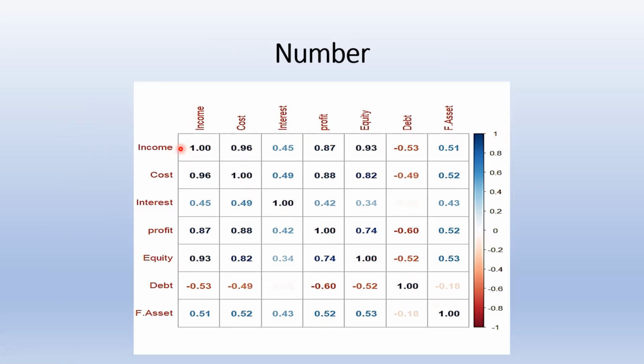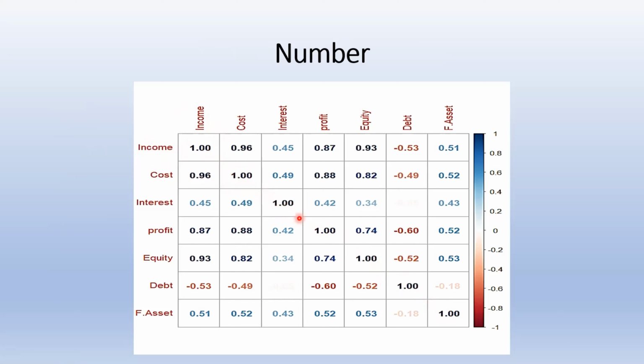For example, the correlation between income with itself becomes 1, the correlation coefficient of cost with itself becomes 1. So in this way you can interpret these correlation coefficients on this diagonal.